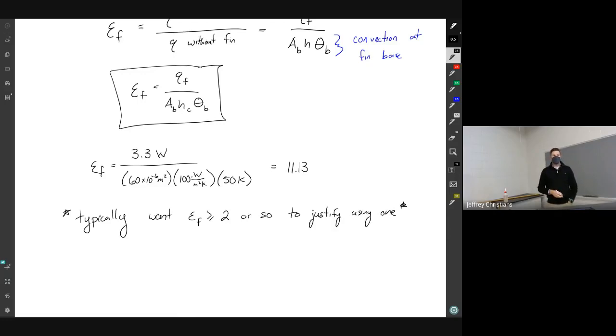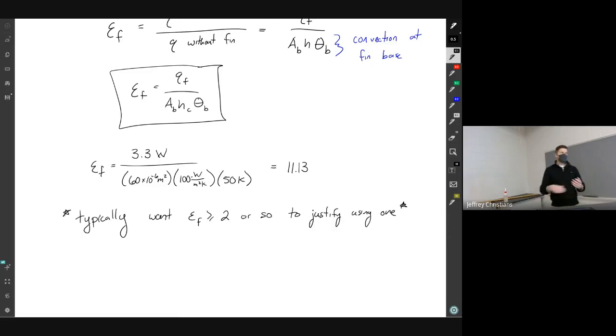If you can't at least double the heat transfer, you probably don't want to use a fin. There are probably other ways that you have to redesign the system to enhance heat transfer. And usually, the higher the better. That's not totally true because you always have other design considerations.